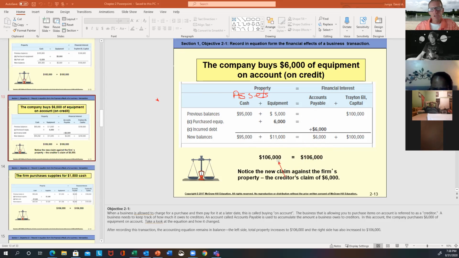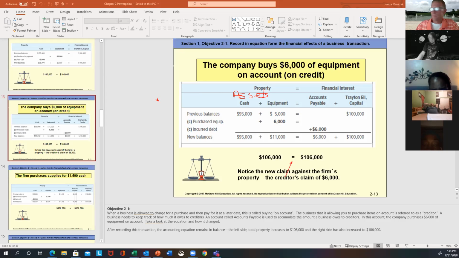Notice you're still in balance. So every time you look at any sort of record, increase or decrease, this equation always has to be in balance. And that's the nice thing about accounting. Now, it doesn't mean that you couldn't still make mistakes. You could always use wrong account names, and that happens a lot. But for now, you should always be in balance. Now, look at the next one.